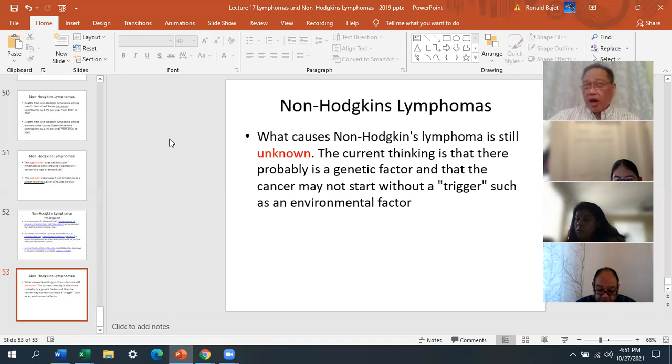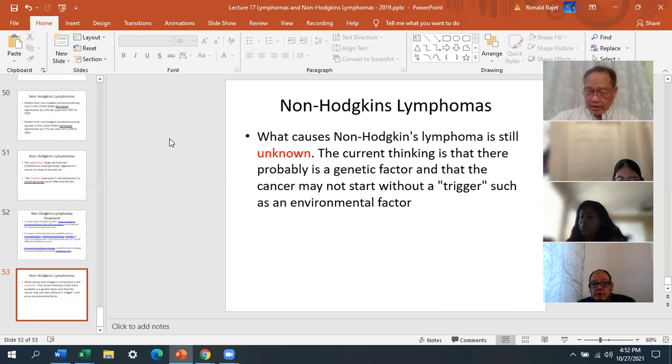The non-Hodgkin's lymphoma is the cutaneous T-cell lymphoma, and the most common one is mycosis fungoides. The progression of that disease, the cutaneous T-cell, is Sézary syndrome.